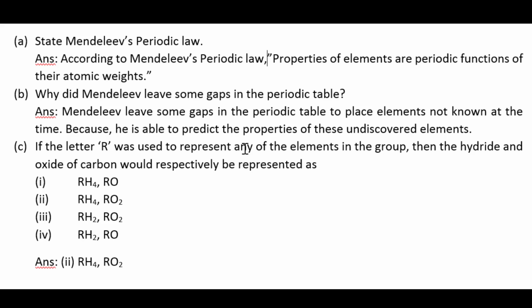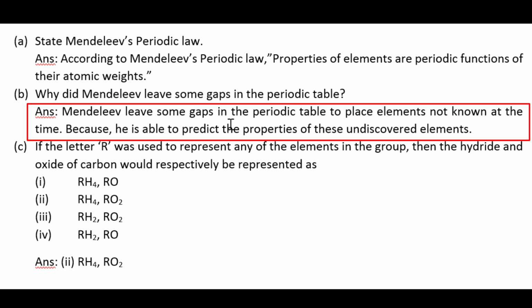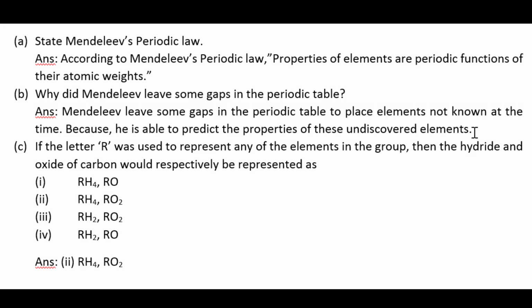The answer is: Mendeleev left some gaps in the periodic table to place elements not known at the time, because he was able to predict the properties of these undiscovered elements. At that time he predicted that new elements would be discovered, and for those elements he left some gaps in the periodic table.